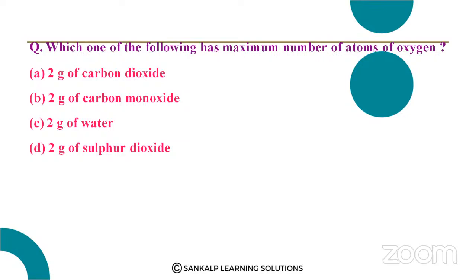There are four options: A, 2 grams of carbon dioxide; B, 2 grams of carbon monoxide; C, 2 grams of water; D, 2 grams of sulfur dioxide. You have to calculate which among these has the maximum number of oxygen atoms.